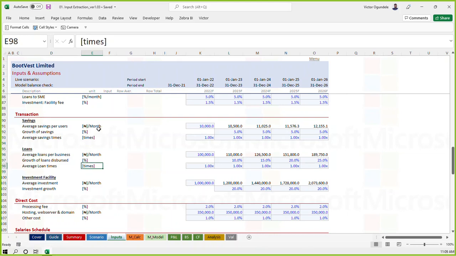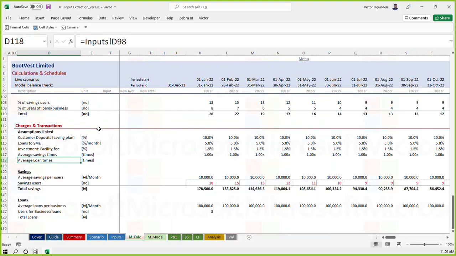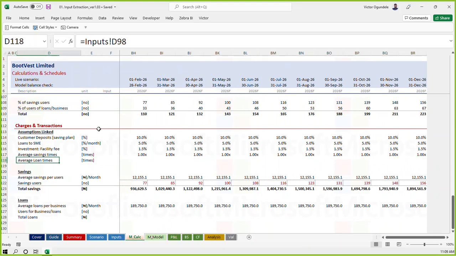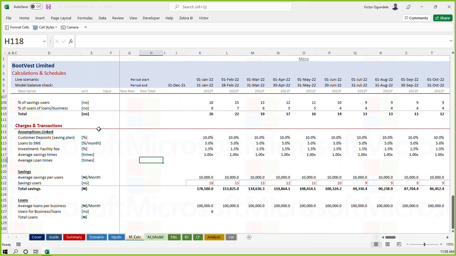Is it okay to round users to a number rather than with decimal? Users, you cannot have 0.2 of a human being, right? You always have 1 person, 2 persons, 3 persons like that. Yes, so please, users should never be in decimal. Because what you have there, for example, in January is 7.7 users. So that's why we rounded it up.